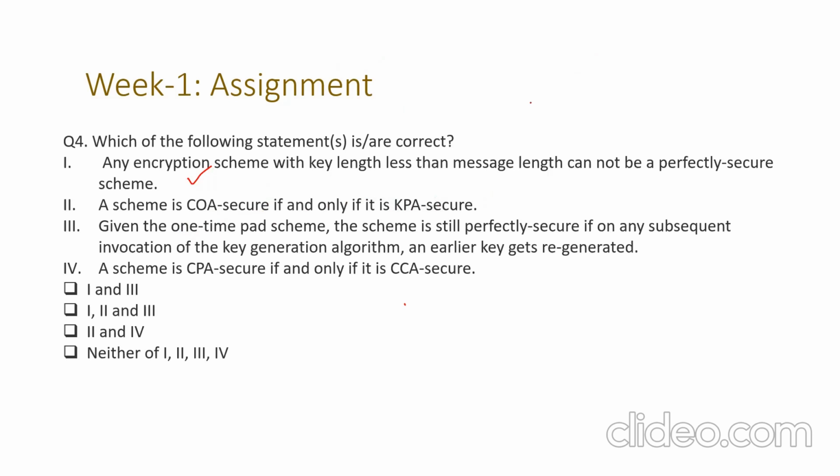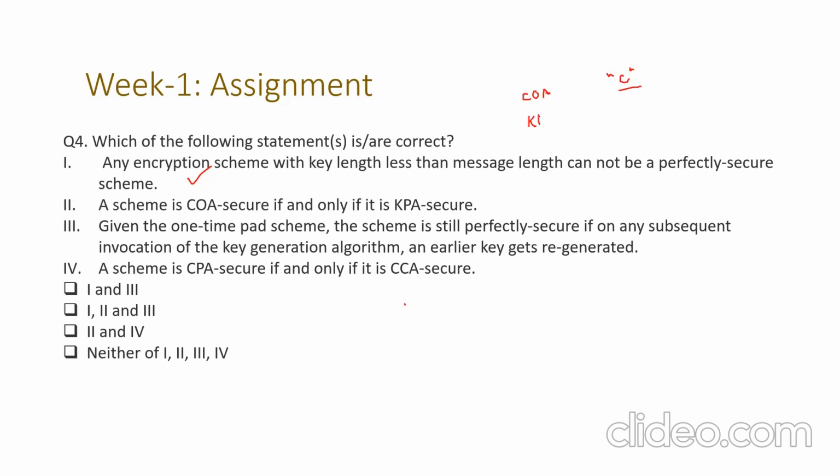Right. So, COA security does not imply KPA security, right? Why is that? Because, as we already discussed the hierarchy, we start from EAV security, the ciphertext only attack, where you just see the ciphertext, nothing else.